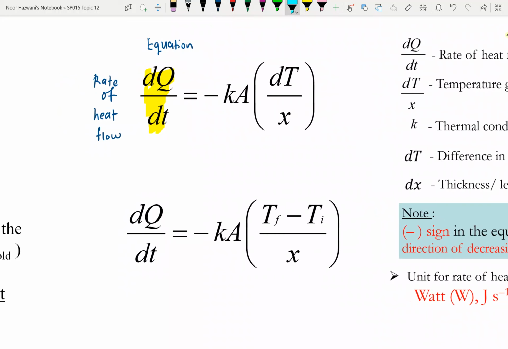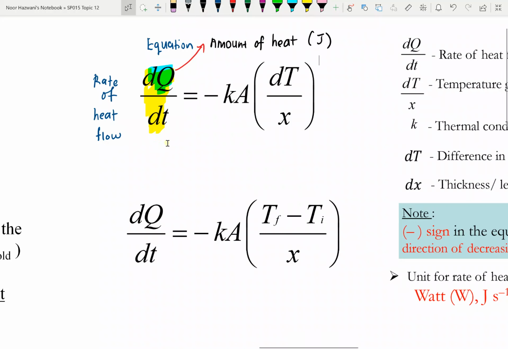Tapi kalau dia tanya dQ sahaja, dQ ini adalah amount of the heat. So, kalau amount of the heat, dQ tu, dia mesti dalam unit joule.